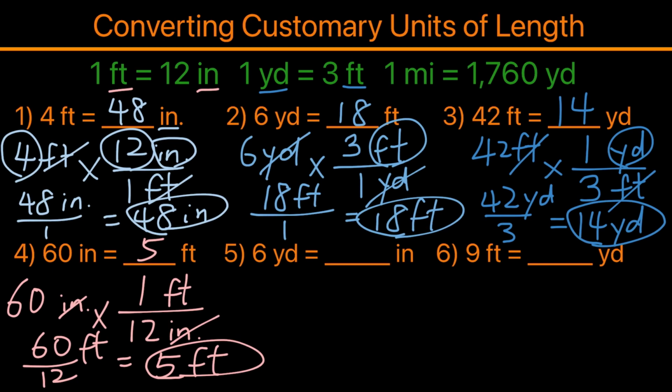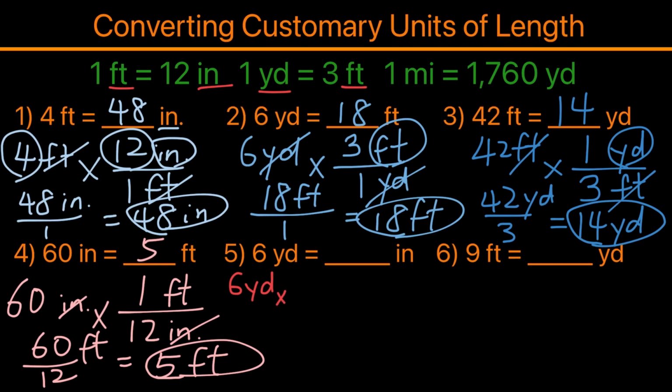Moving on to number 5, we have 6 yards converting to inches. Now, from the conversion on top, we don't see any of them that has both yard and inches. However, we could convert yard to feet and then feet to inches. That requires more steps, and we'll start with 6 yards.